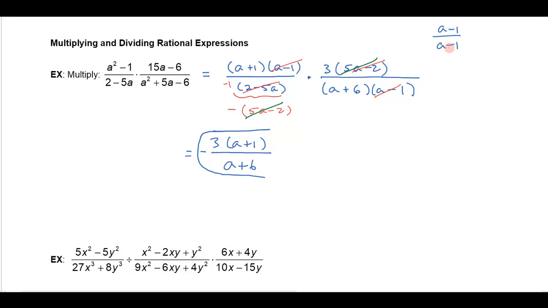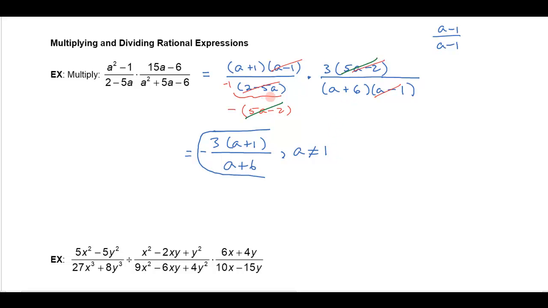Or say if a was 7, 7 minus 1 would be 6, and 6 over 6 is 1. But if a was exactly 1, I'd get 0, right? I'd get 1 minus 1 is 0 on the top over 0, and 0 over 0 does not equal 1. It's actually undefined. So when I cancel these, I'm actually making an assumption that a does not equal 1.